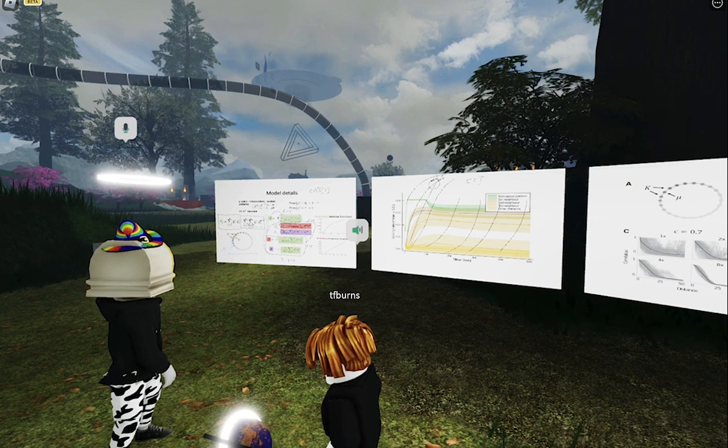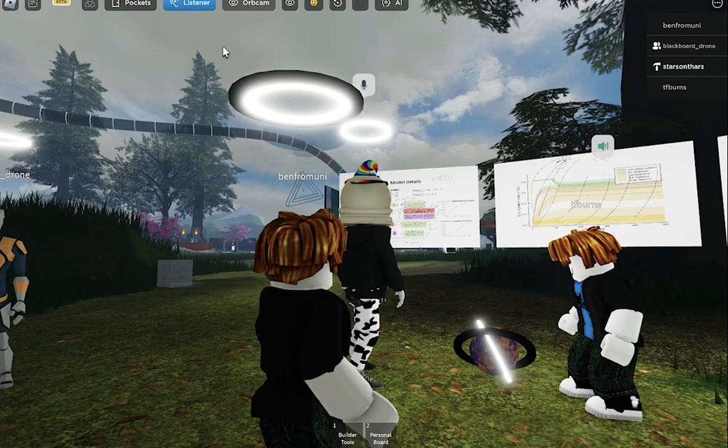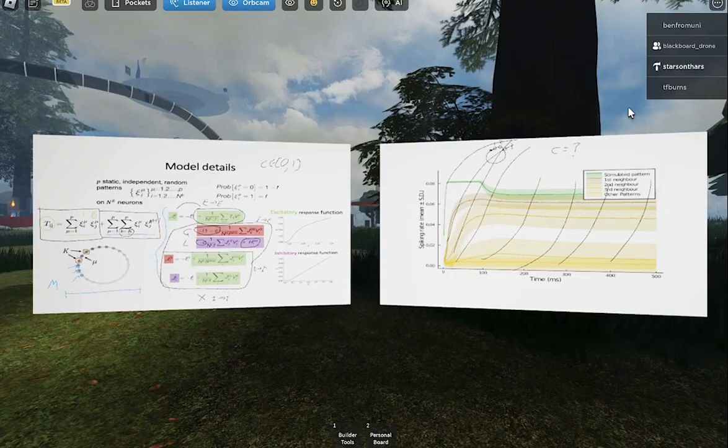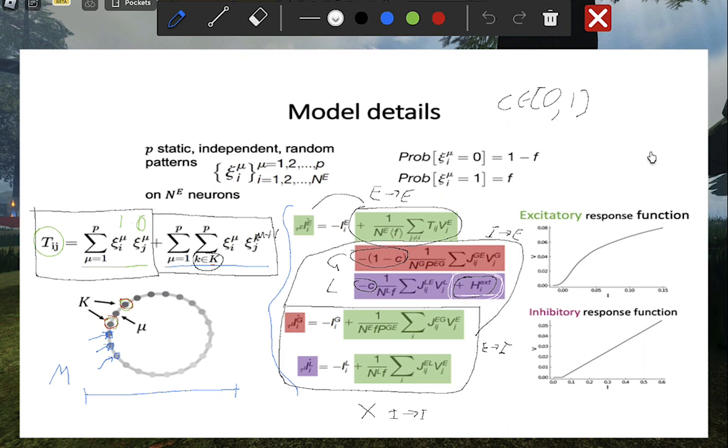Actually, this shouldn't be colored purple, this part. Let me put a white thing around that. This part is the excitatory, where we put in the stimulation, but we use the same term for random noise.